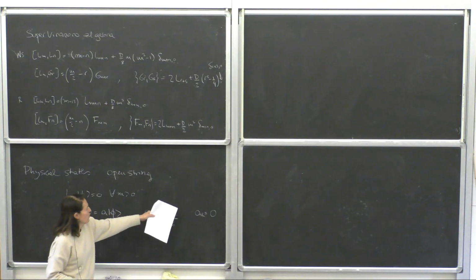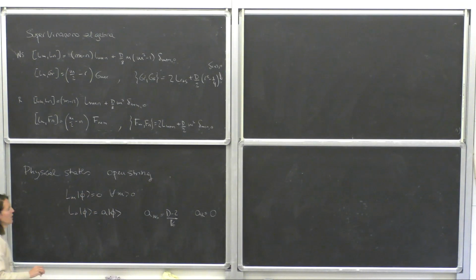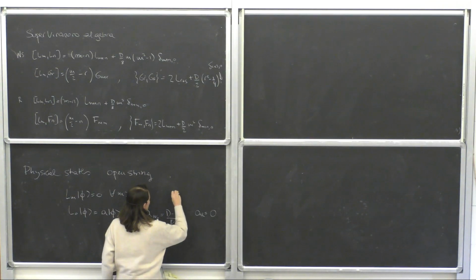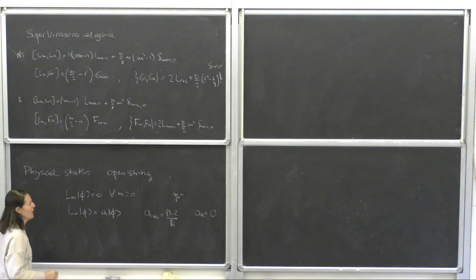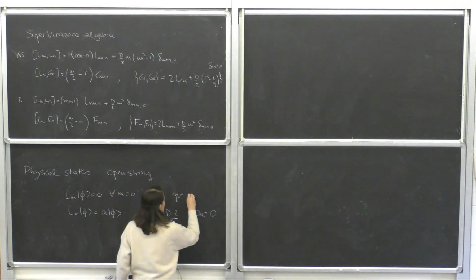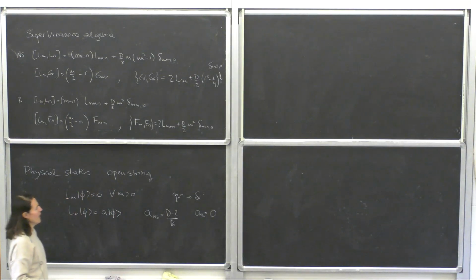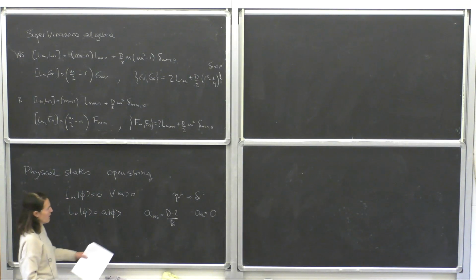This d minus 2 comes from the commutators, where you have things like eta mu mu, and this you have to replace by delta ii. So the light-cone gauge quantization that we talked about in the bosonic string also works here.